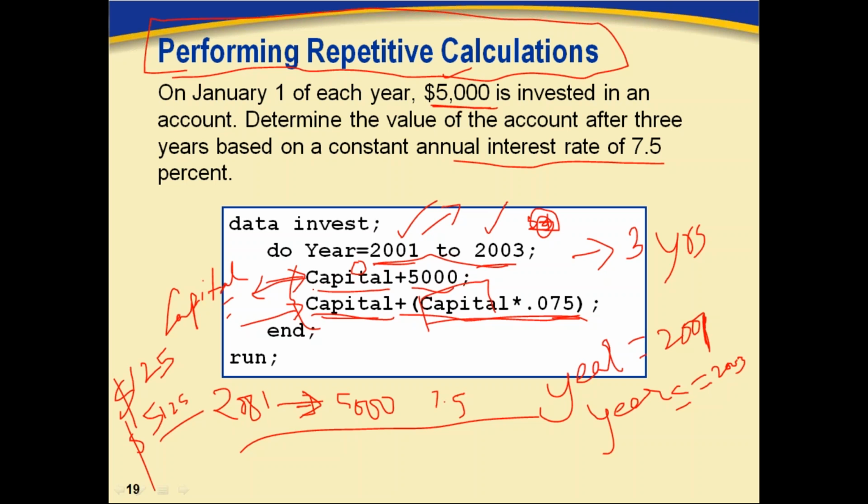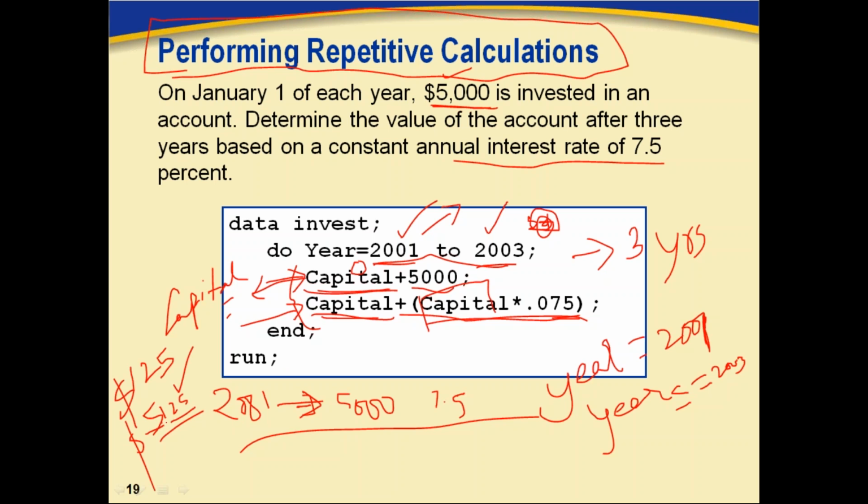What will be the capital amount now at the start of the second year, 2002? You have already earned $125 in the previous year, and in the very first year you invested 5,000.